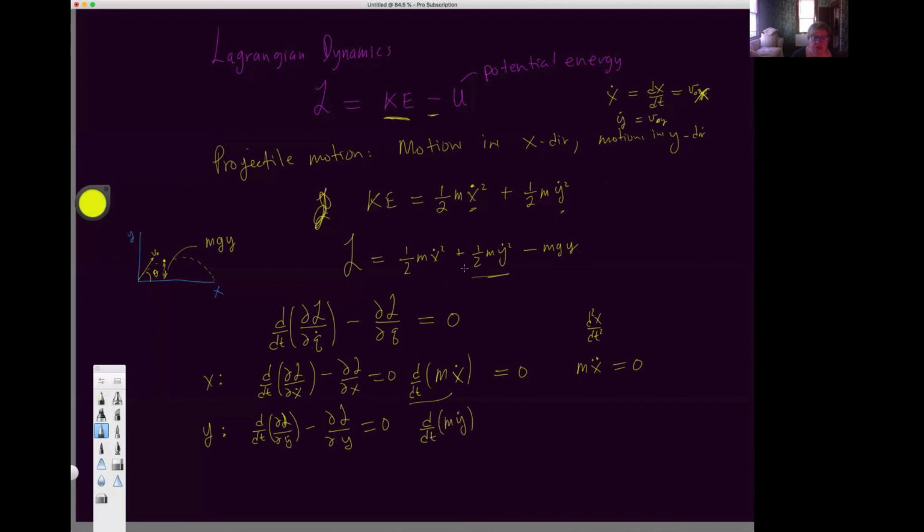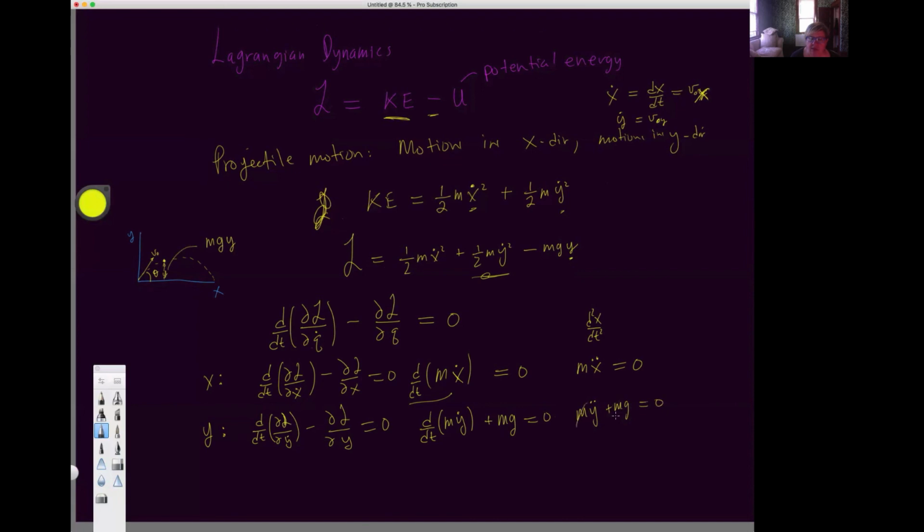We took the partial derivative here, and the 2 canceled. And then we have partial L, partial y, and we can see that there's a y here, so the partial derivative of L with respect to y is just minus mg, and then I have another minus sign here, so I get plus mg is equal to 0. Taking the time derivative, I get m y double dot plus mg equals 0.